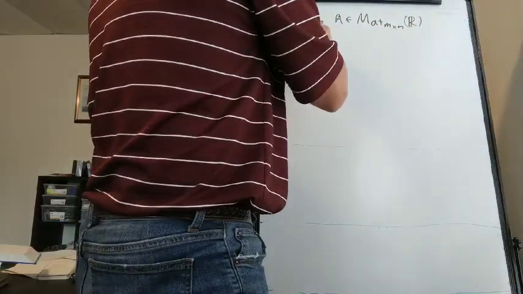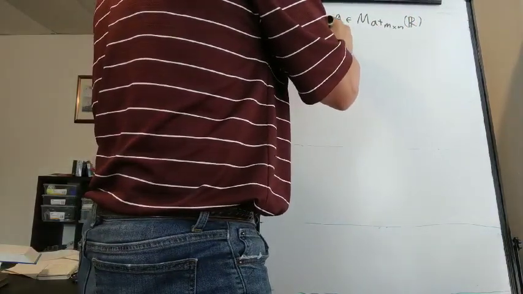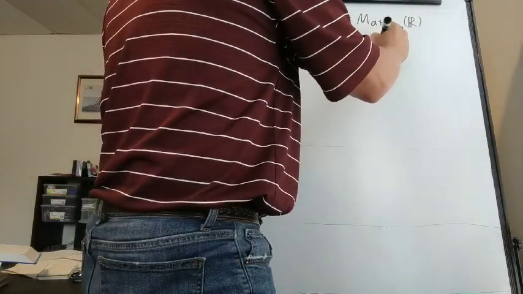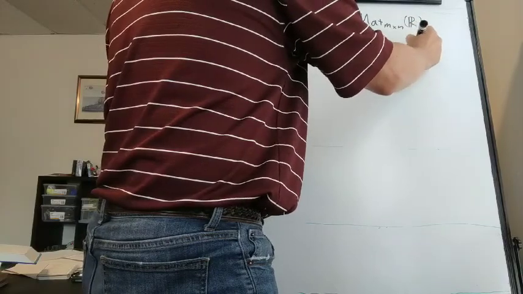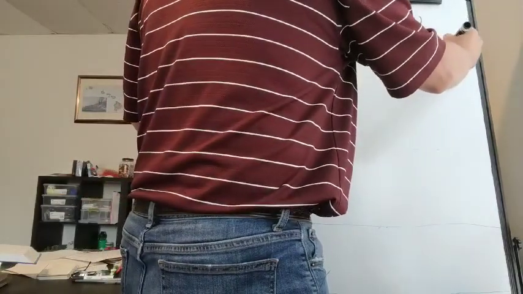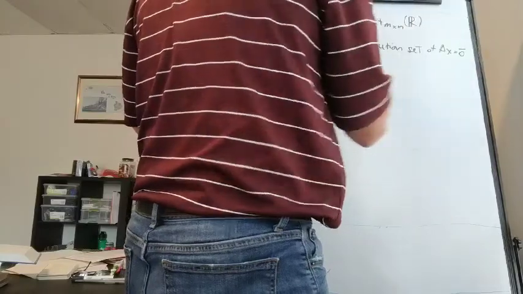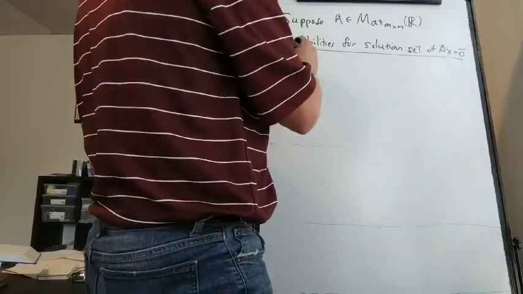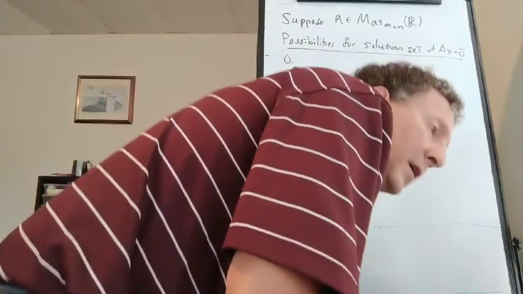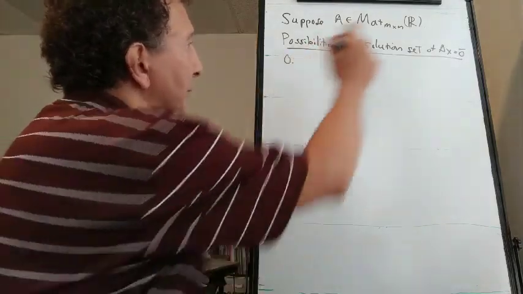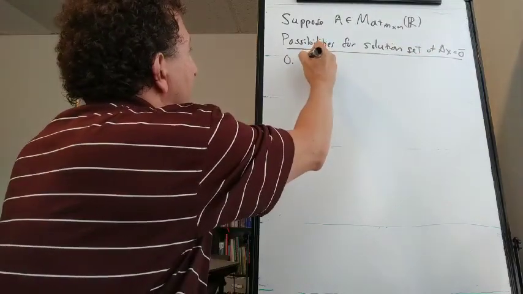Let's look at the possibilities for the solution set of Ax equals 0. So first of all, there's always at least one solution because A times 0 is equal to 0.